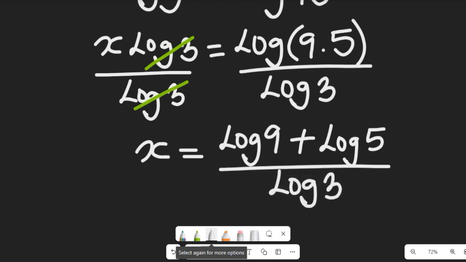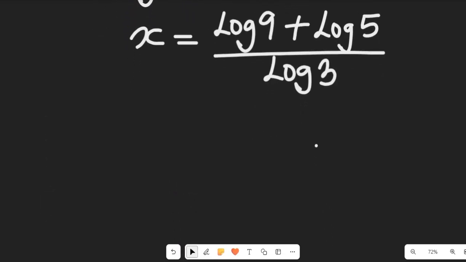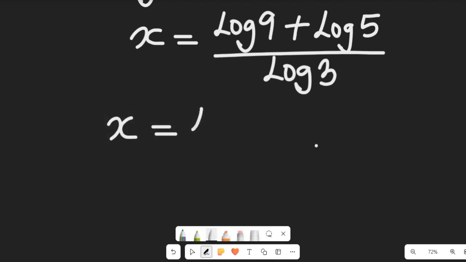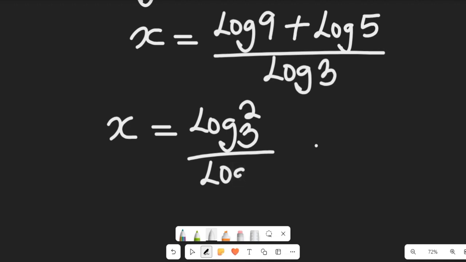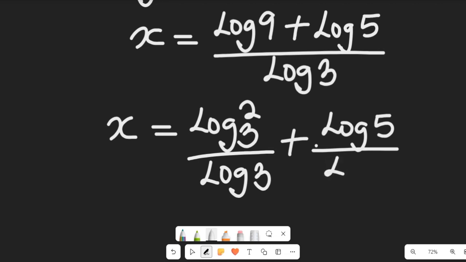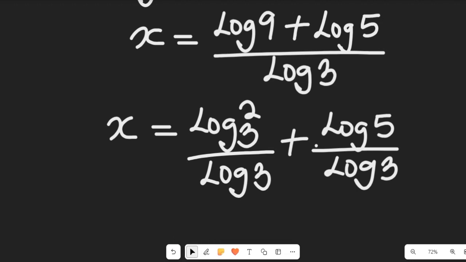In the next step, we can simplify this further, because this is going to give us x equal to log of 3 squared, which is 9, divided by the log of 3, right? And this will be plus log of 5 divided by the log of 3, because both have one common denominator.